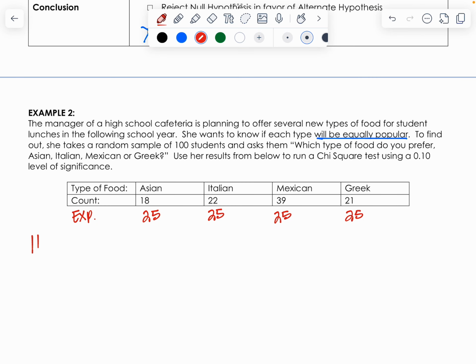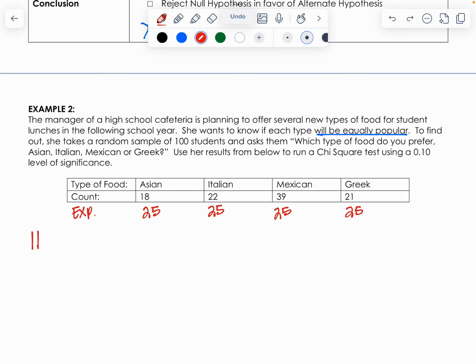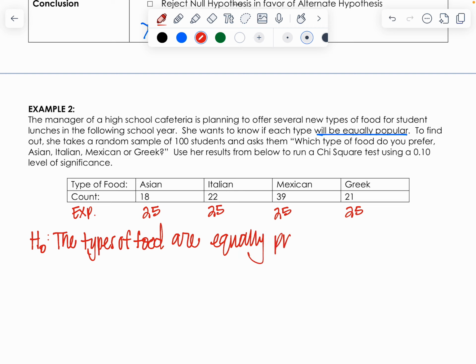And so our null hypothesis here will say that the types of food are equally preferred among students, or something along those lines, right?